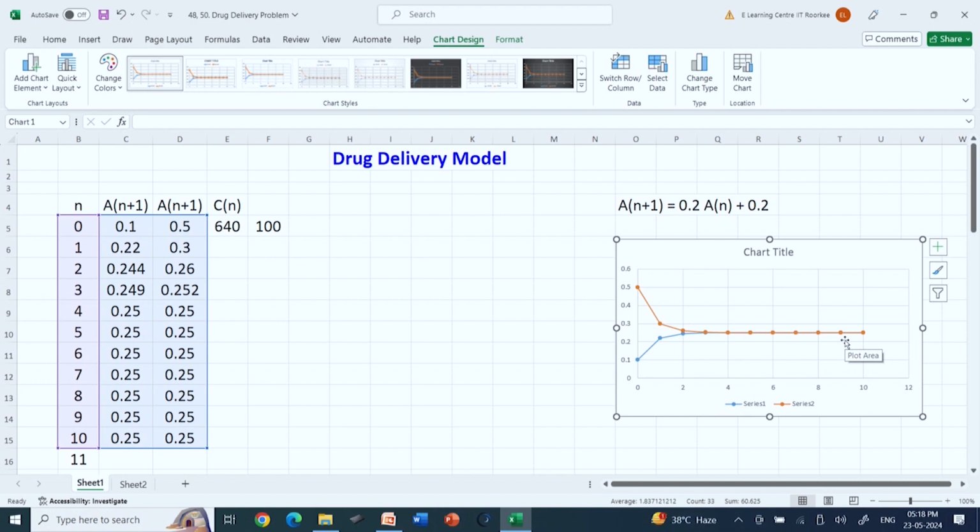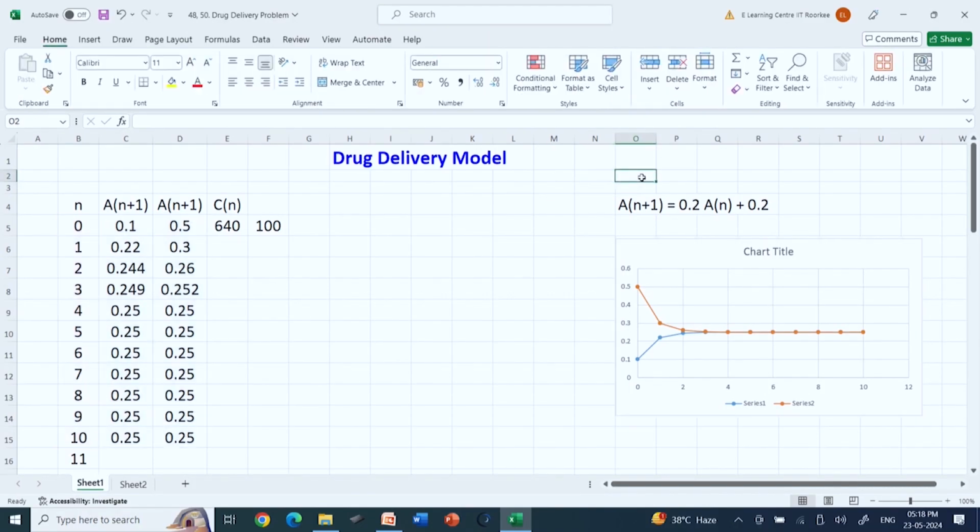Now, coming back to the recent problem where you have a concentration of drug and you have shown that the model is Cn equal to 640, the initial value, multiplied by 0.8 whole to the power n.